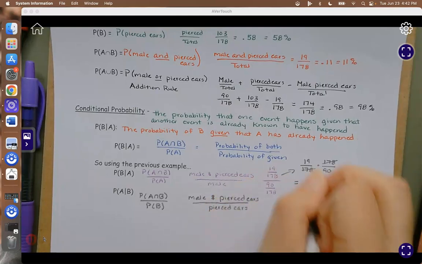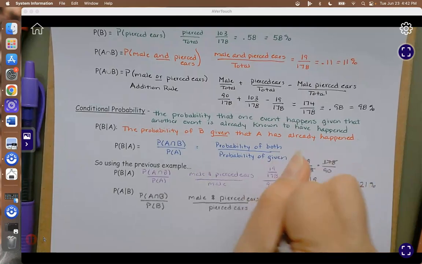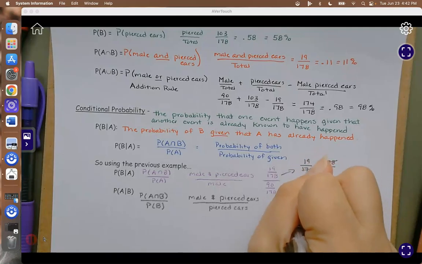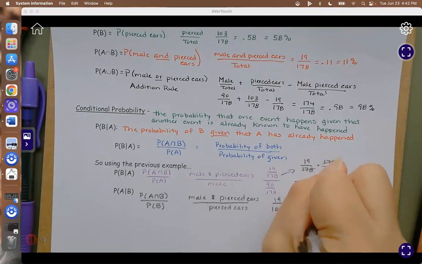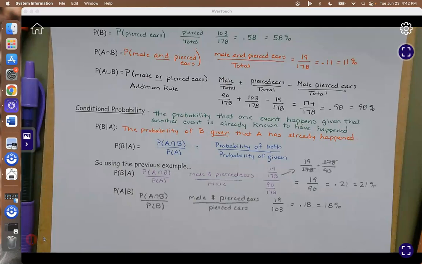So male and pierced ears is 19. Pierced ears is 103. If you look up at your chart, which is 0.18, which is 18%.